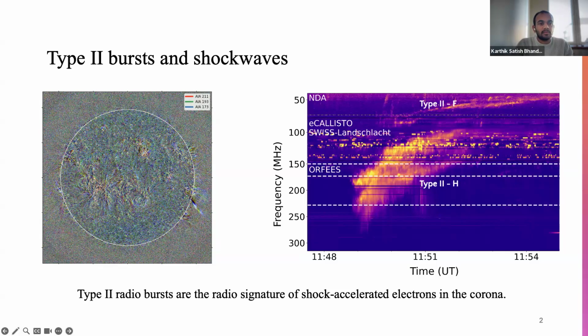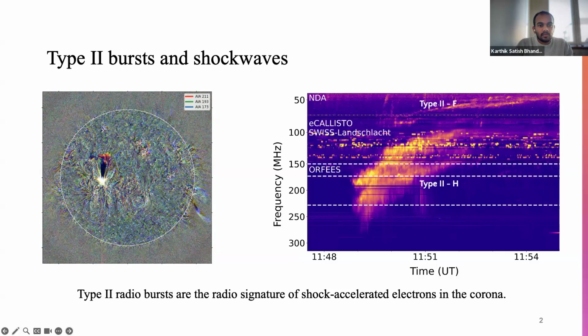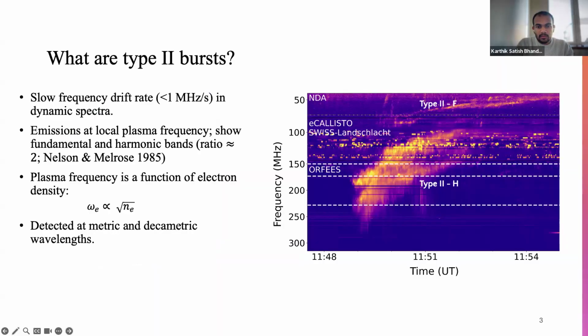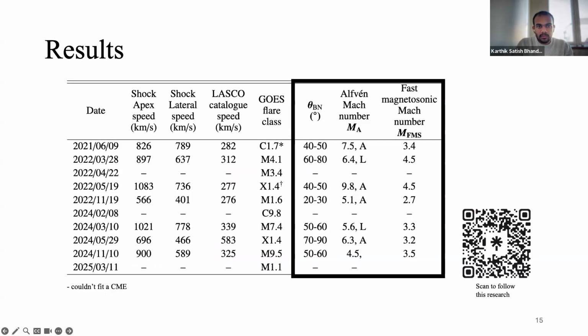Thank you, Karthik, for the nice talk. I wanted to ask about the speeds that you calculated from white light observations and from radio observations. I saw that you have assumed a spherical shape of the shock. Since you have statistical studies, I wanted to know where these shock signatures were generated, at the flank or at the nose of the CME, and how the interpretation of the velocity compares with the white light observations.